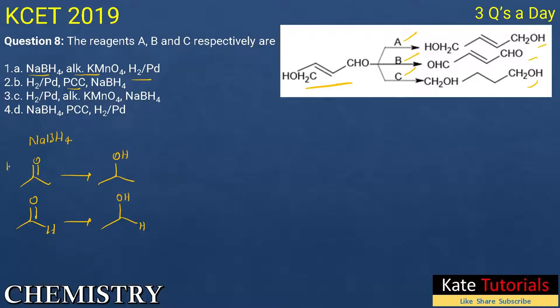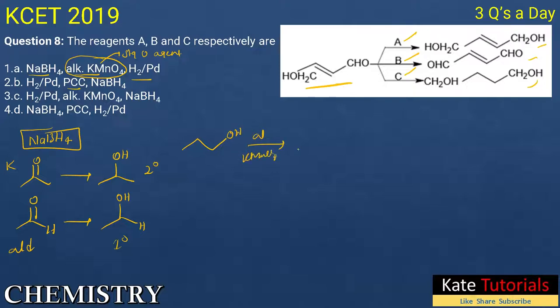So ketones it converts to secondary alcohols, and aldehydes it converts to primary alcohols. That is NaBH4. Alkaline KMnO4 is a strong oxidizing agent. If any alcohol is there, for example, I have this alcohol, and I add alkaline KMnO4, it converts to carboxylic acid.